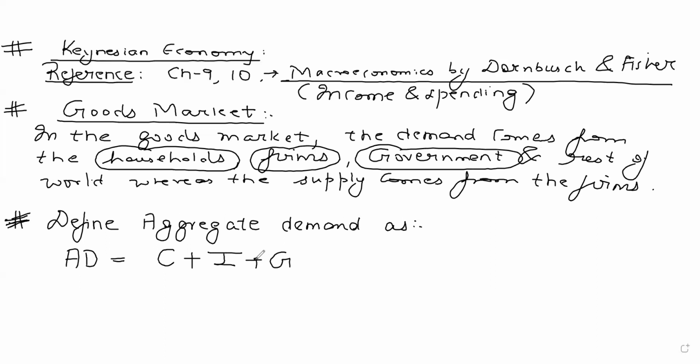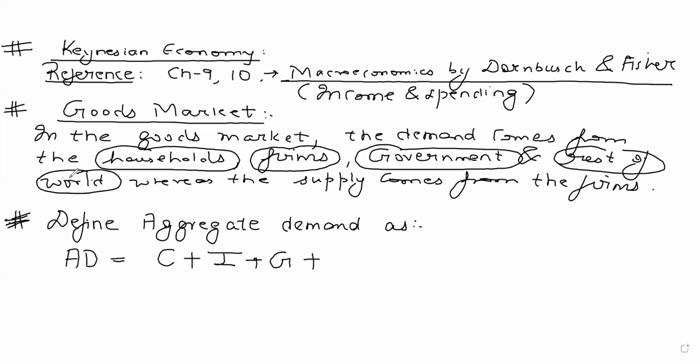Government also borrows to finance its deficits, budget deficits. The government also borrows to finance its own expenditures of building bridges, roads, public parks, etc. And the demand is also coming from the rest of the world. Now, rest of the world includes the foreign economies.